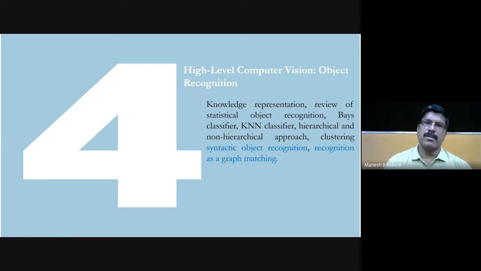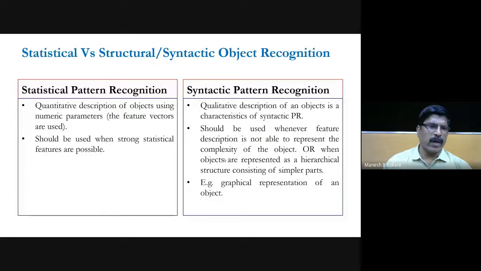Okay, so just to revise, I'll quickly take the difference between statistical object recognition or pattern recognition and syntactic pattern recognition. The first difference is that in statistical pattern recognition, first we extract the features. These features are in the form of numbers, or numerical features.